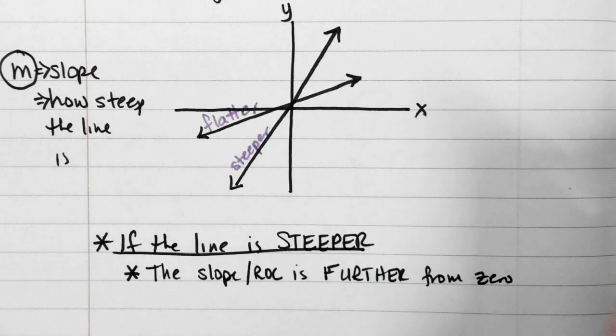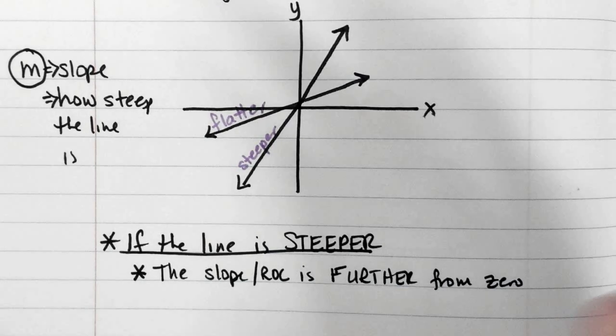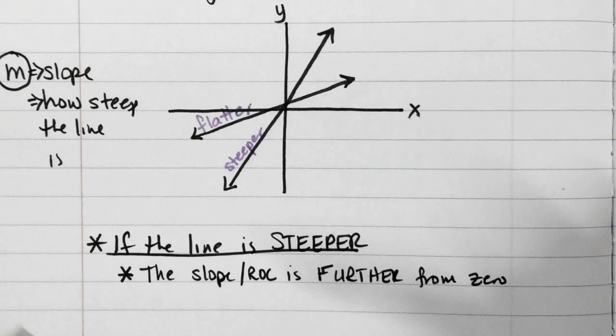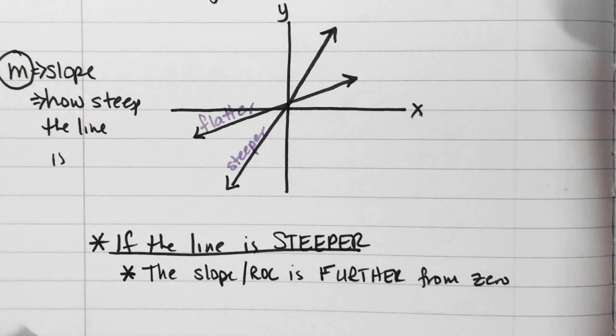What I mean by that is when I say something is steeper, I'm saying steeper than something else. That something else is the parent function, which was in the previous video that you just watched. So when we talk about steeper, we're saying it's steeper than the parent function.